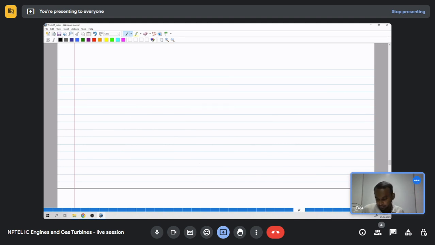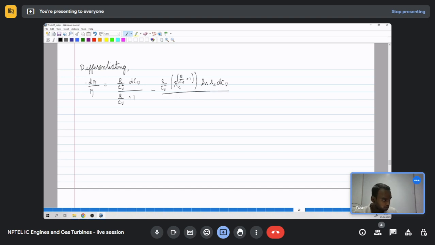Now if we differentiate, we will have minus d eta by eta plus R by Cv square dCv divided by R by Cv plus 1, minus R by Cv square, rc, R by Cv plus 1, then ln of rc dCv by rc.